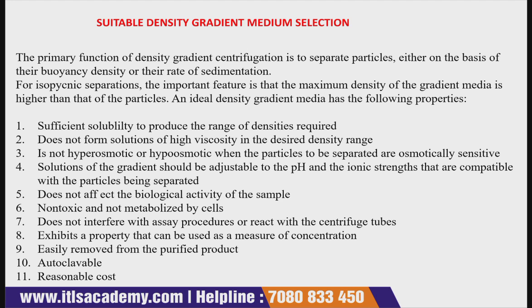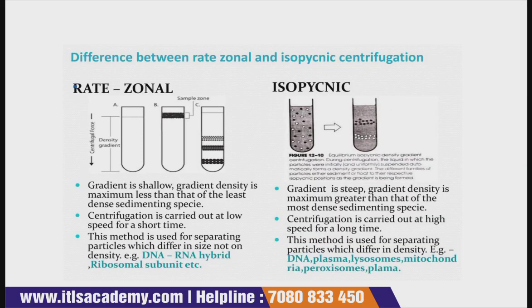The ninth point says it should be easy to separate from the purified product. The tenth is autoclavable, and the last is reasonable cost. So these are the properties of an ideal density gradient medium. A medium should have all these qualities inbuilt so that it is suitable for use.